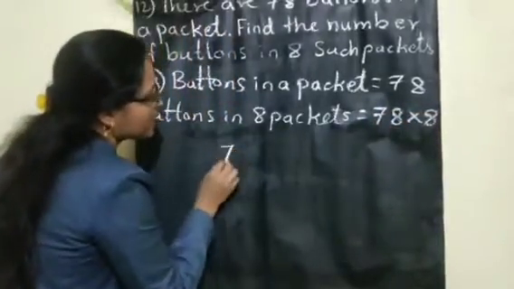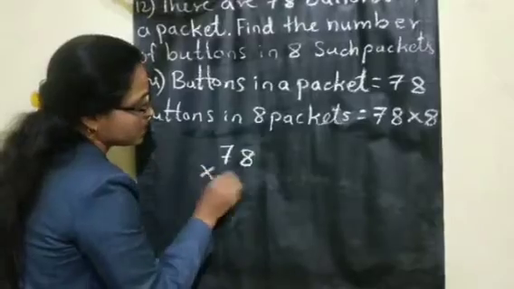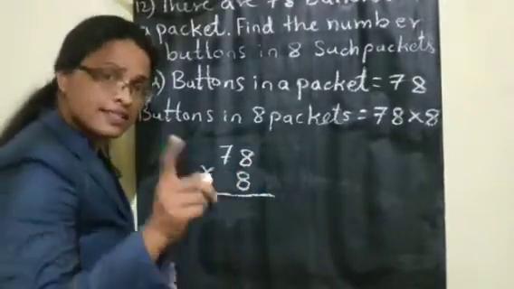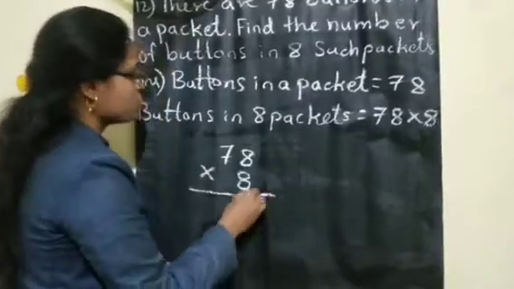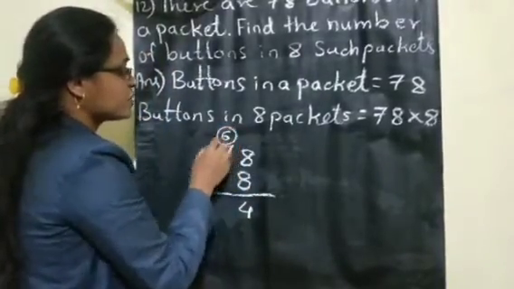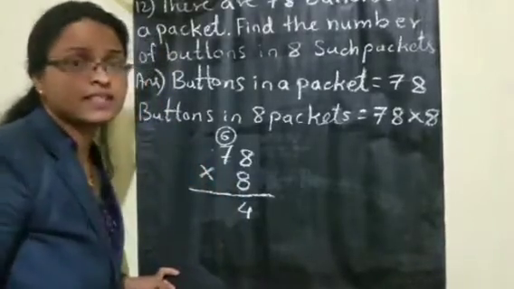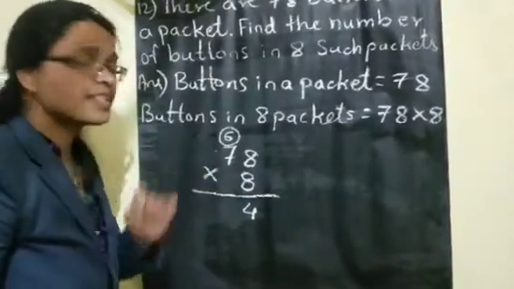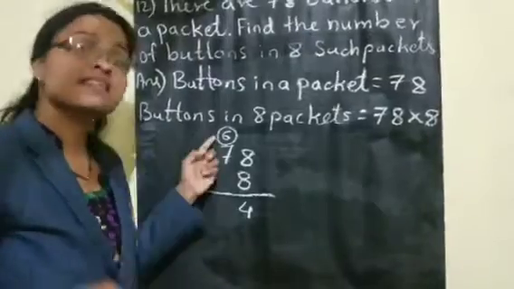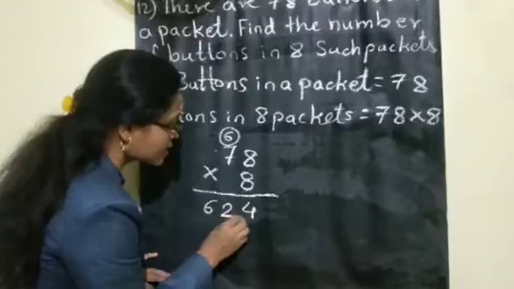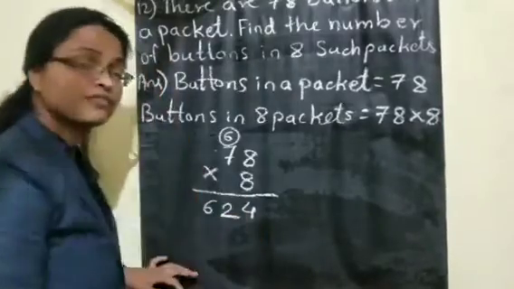So arrange in the vertical form. 78 multiplied by 8. 8 eights are, children? 8 eights are 64. So 4 write downside and 6 carry forward to the tens place. Now 8 sevens are how much? 8 sevens are 56. 56 plus 6, how much? 62. So you write the answer here, 624.